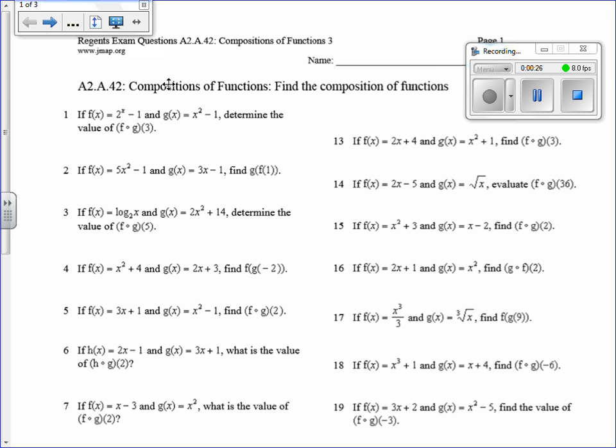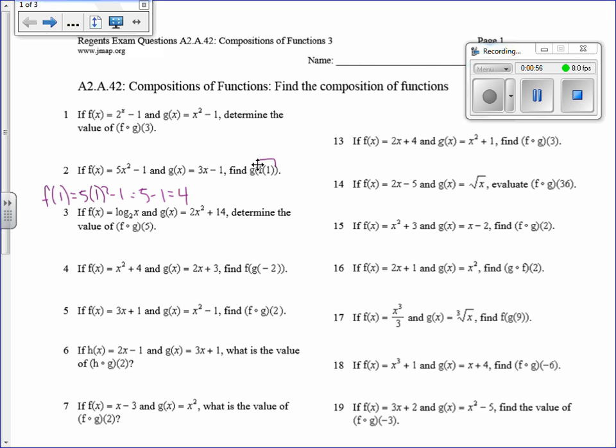So, evens. Number 2, they give us F, they give us G. We want to find G of F of 1. So F of 1 is what I'm going to put into G. So I should probably figure out what F of 1 is. That means I'm taking 1 and plugging it into F. That's going to be 5 times 1 squared minus 1, which is going to be 5 minus 1, which equals 4.